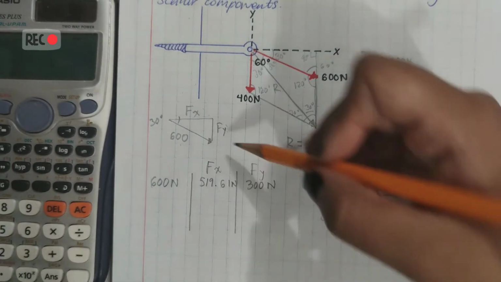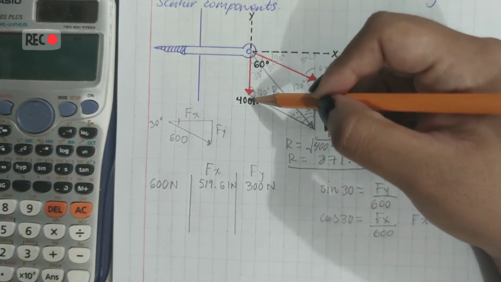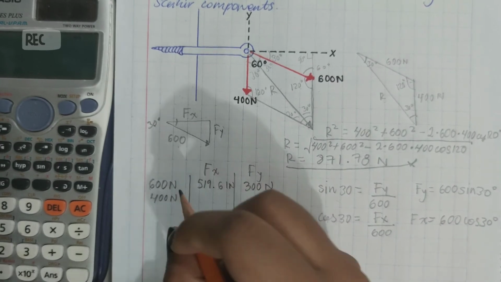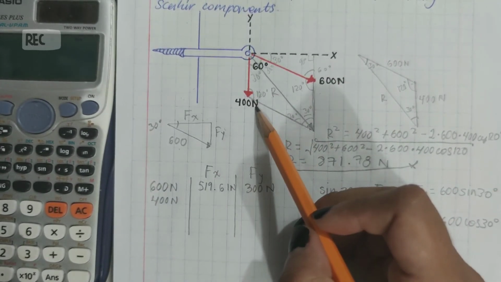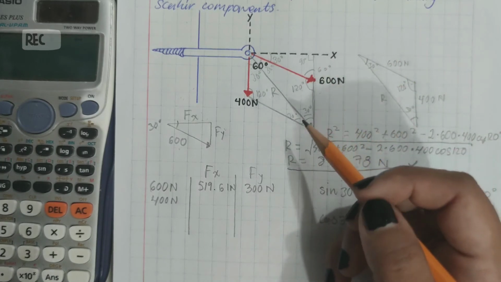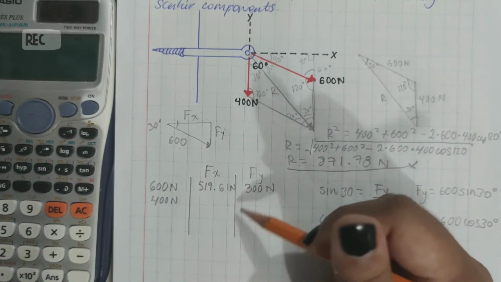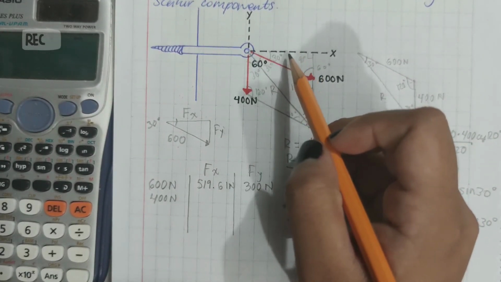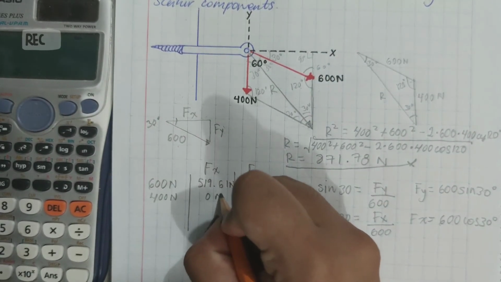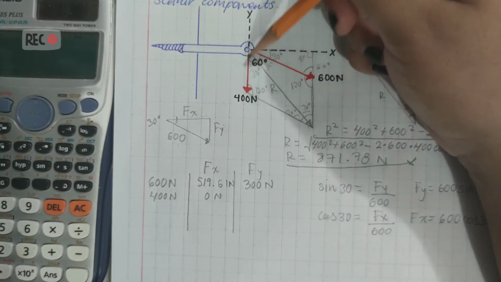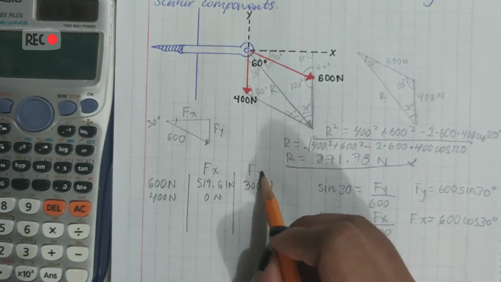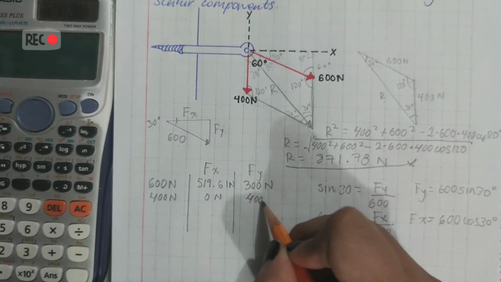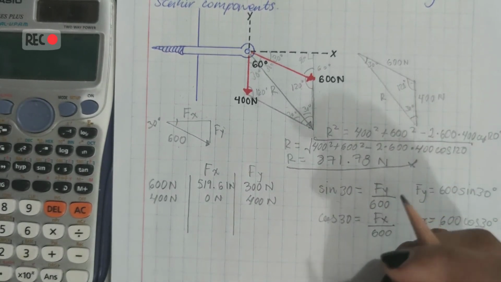And for the other vector, the vector of 400 newtons, it is easier to calculate the scalar components, because in the x component we have 0 newtons and all the magnitude is on the y-axis, so the Fy component is equal to 400 newtons.